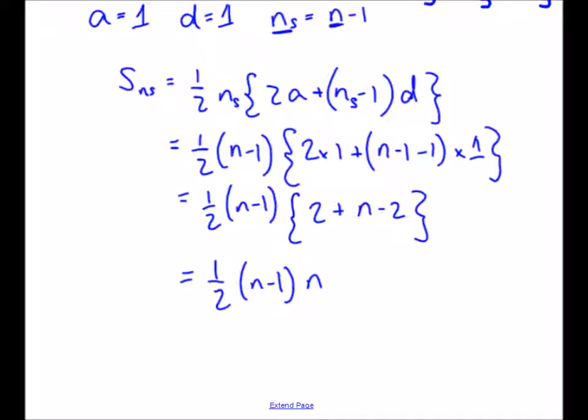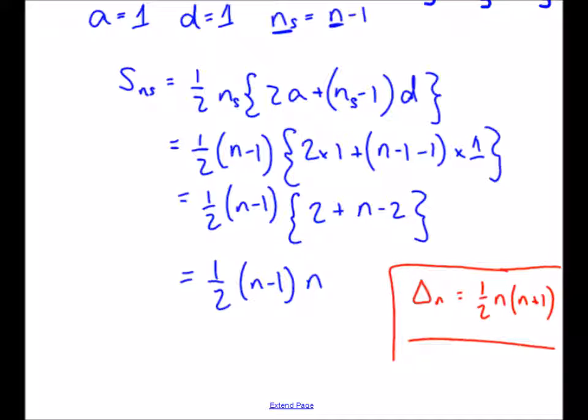It's quite similar to the formula for the triangular numbers, which is a half n times n plus 1, but it's because we're not going up to n, we're going up to n minus 1. So if you've remembered this formula, you could change the n's here for n minus 1s, and then you'll get this formula here. So this is the worst case scenario. In the worst case, it's going to be a half n minus 1 times n.